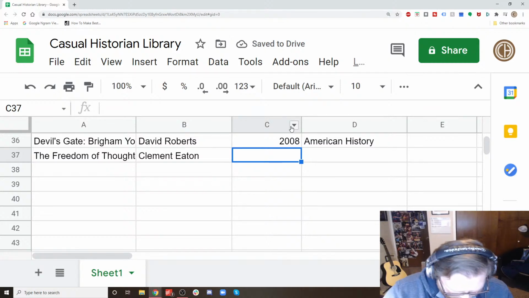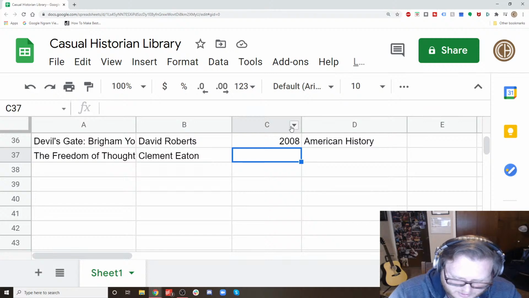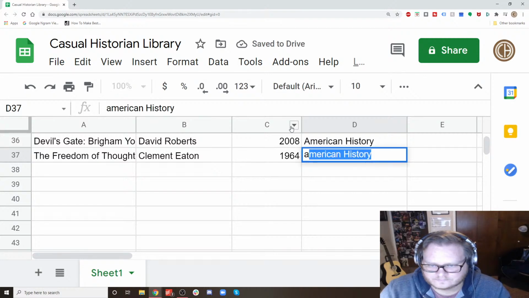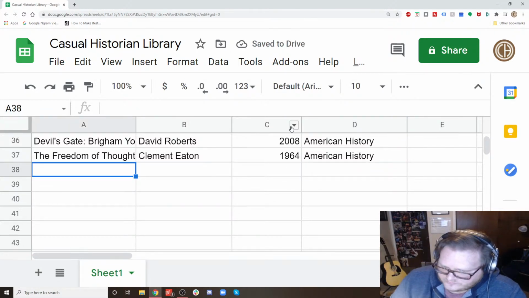Harper, published by Harper Torchbooks in 1940. But now the new material is from 1964, so I should probably put 1964. All right, I'm gonna put this stack back on the shelf real quick.